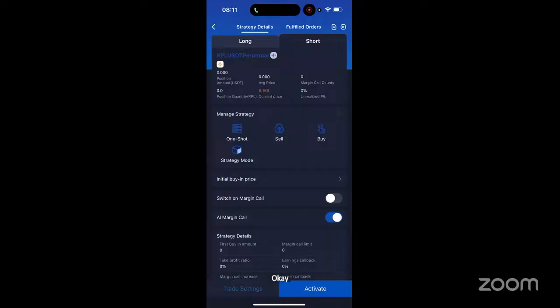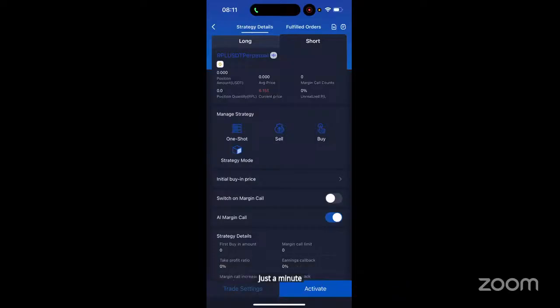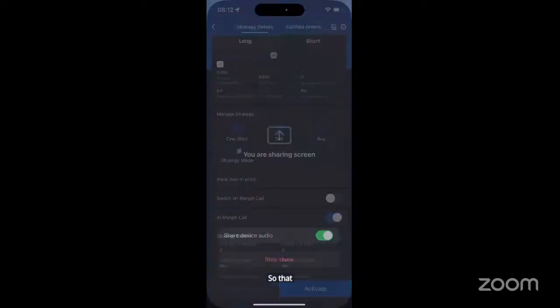Okay, so let me see. I don't know what is happening with my other device, but let me see if I connect with my second device, because there it's going to be very easy for me. Just give me a minute. Let me connect with my other device very fast, my Android phone, so that I share something live and very easy for everybody.